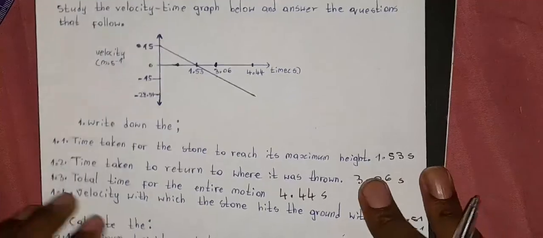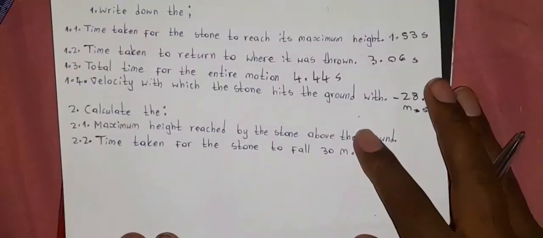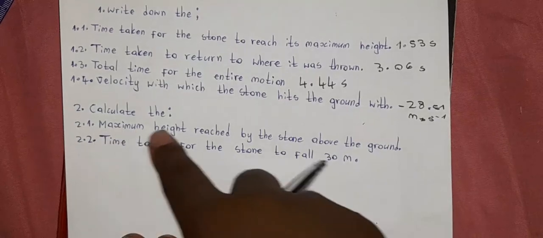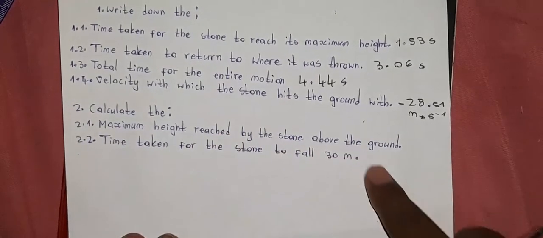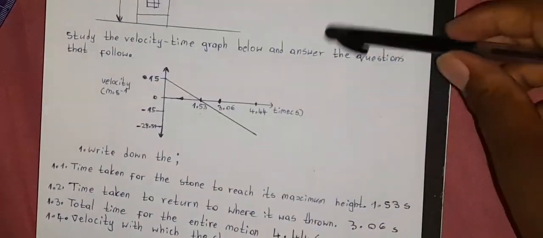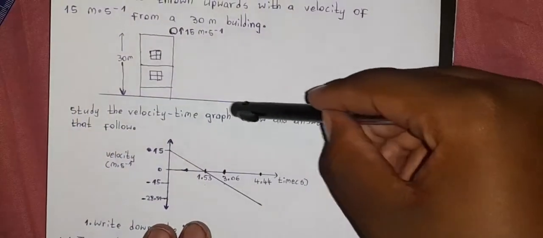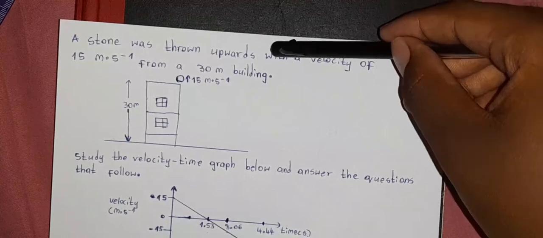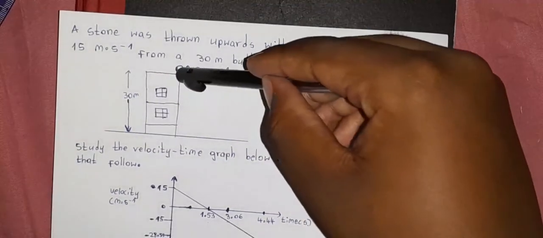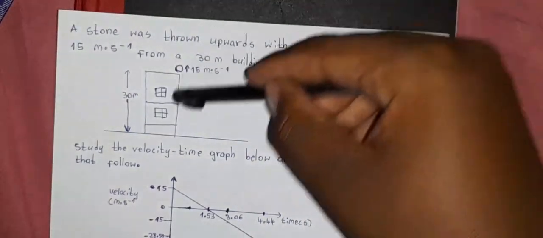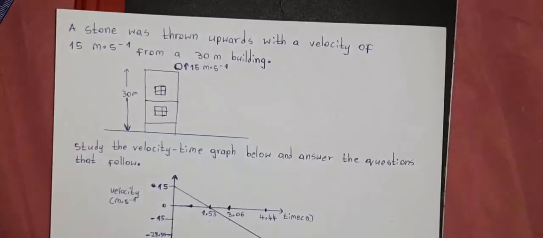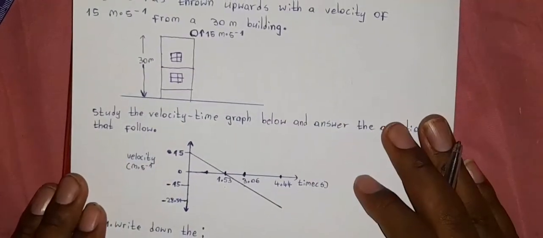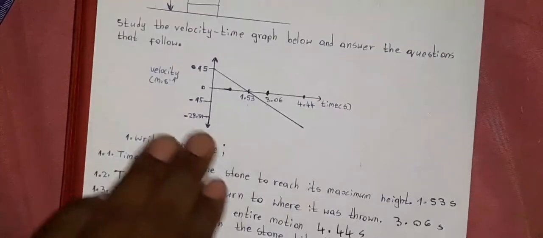Let's go to the second phase of the question. They say calculate. This is where we have to calculate now the maximum height reached by the stone above the ground. So they want the height from the ground to its maximum height. It will be around here. They don't want the height from here to here. So they want the maximum height. Let's calculate it here.